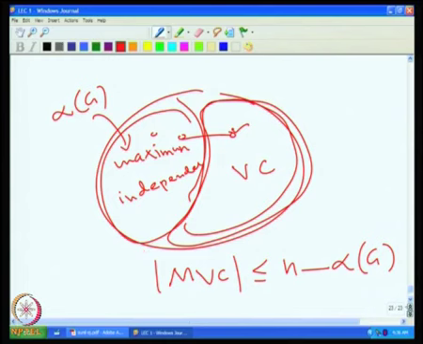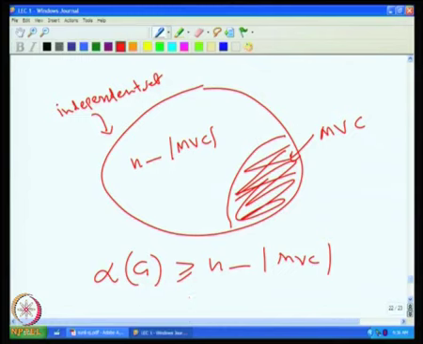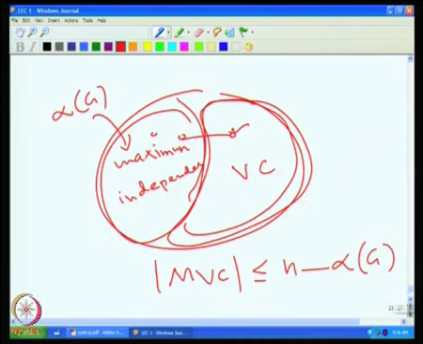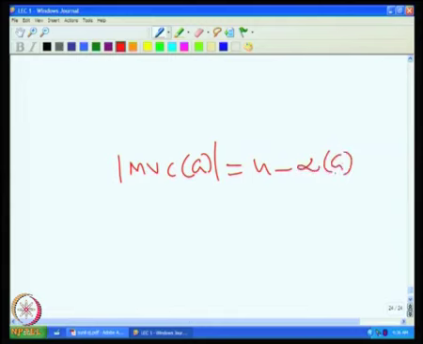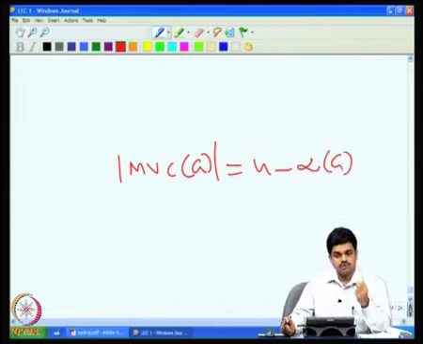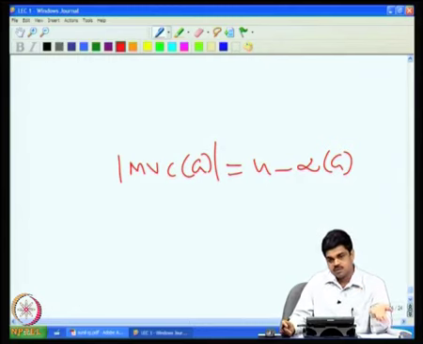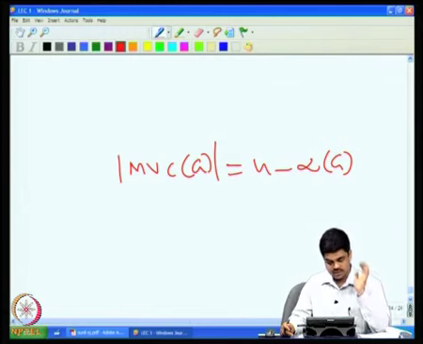So, from the earlier slide this can be rearranged to write cardinality of MVC is greater than or equal to n minus alpha of G. On the other side we can see that cardinality is less than or equal to n minus alpha of G. So, together what we get is cardinality of MVC of G is equal to n minus alpha of G. In other words, if you remove a minimum vertex cover, what remains is a maximum independent set. Similarly, if we remove a maximum independent set, what remains is a minimum vertex cover.